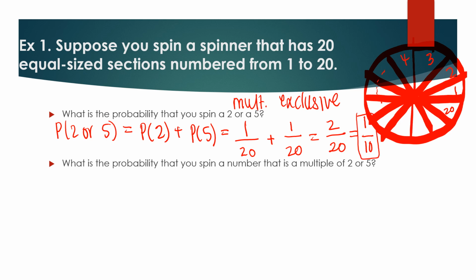And you want to leave it in fraction form for every single thing that we're doing in these two sections, 7 and 8. So what's the probability that you spin a number that is a multiple of 2 or 5? Is there a number between 1 and 20 that is both a multiple of 2 and a multiple of 5? Yes. So then these are overlapping events.